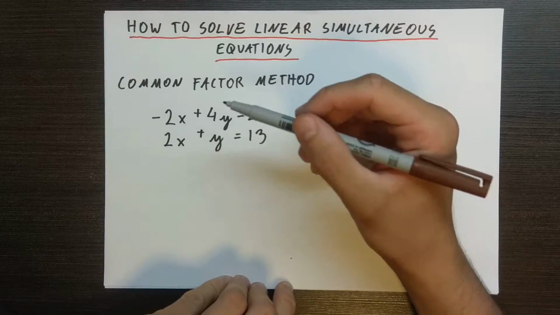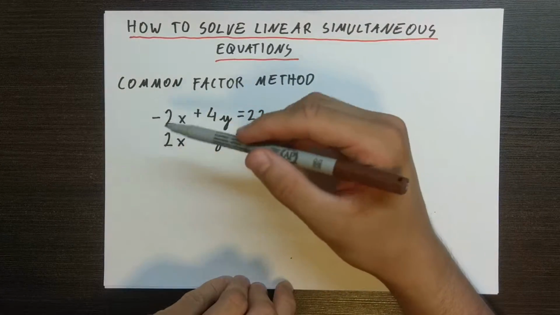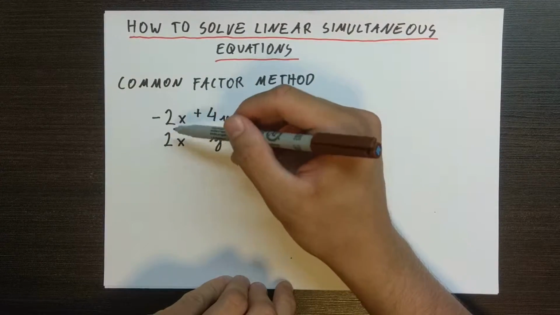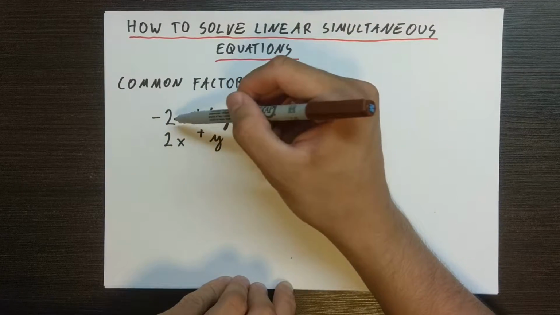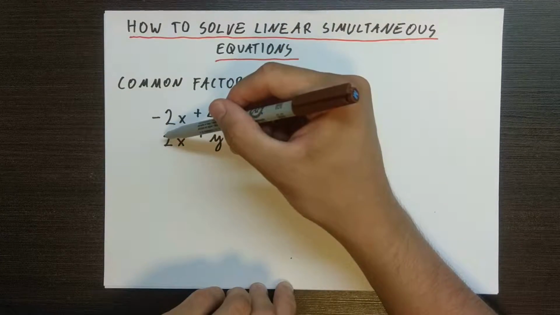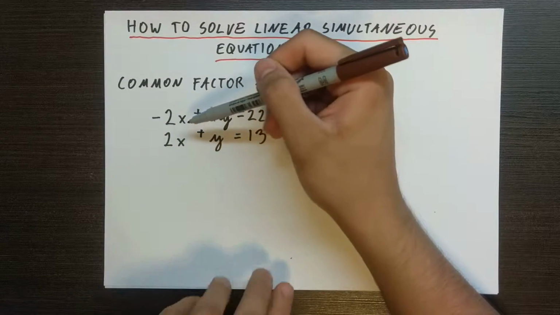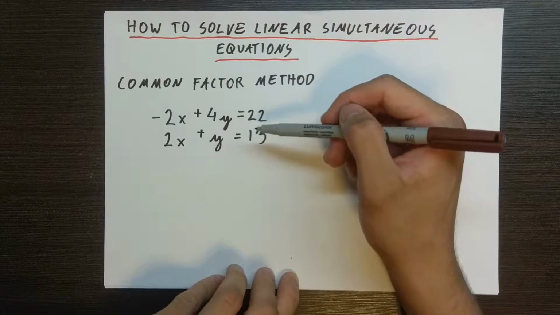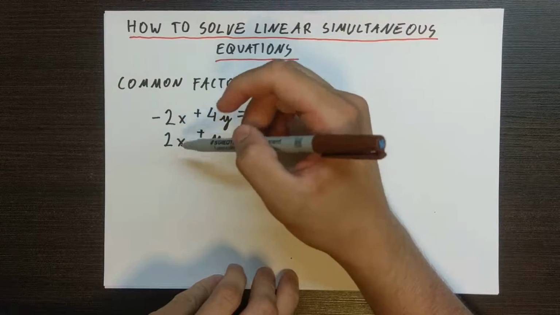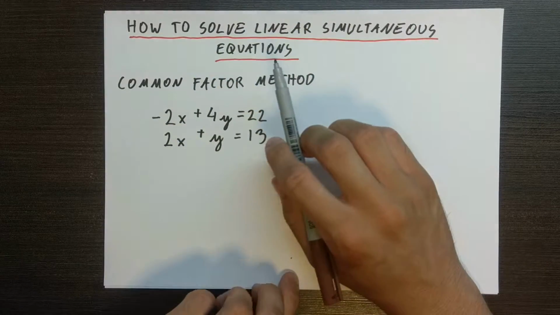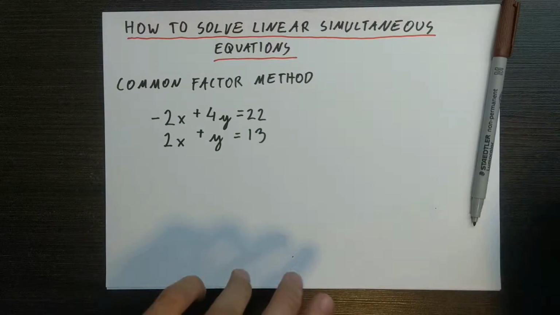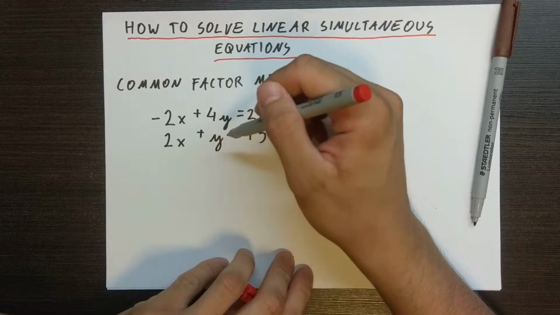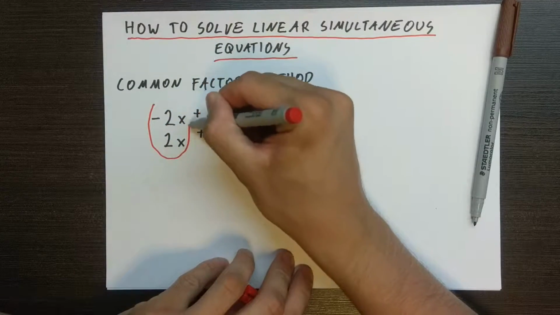So here, the easiest way to cancel out one of these letters is essentially by cancelling out x. As you can see, here we have negative 2x, and here we have positive 2x. Now, if we add the entire two equations together, negative 2x plus positive 2x equals 0. So that way we'll be able to cancel this out. But we will have to add entire equations together to cancel these guys out.